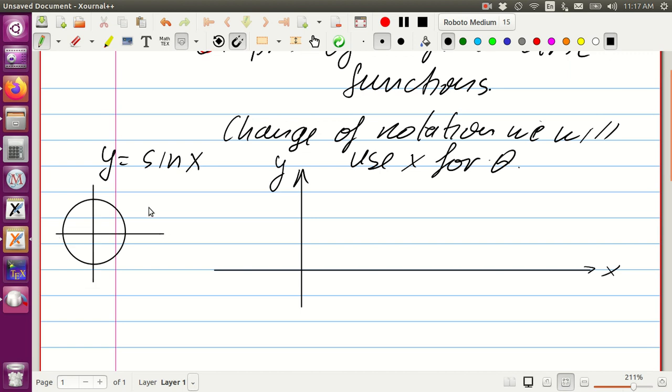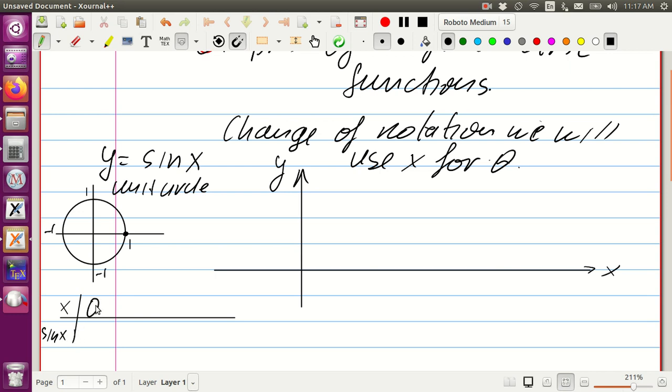And in the unit circle, we have angles, and so the angle now will be x. It's a little bit confusing, but what kind of points do we have on the unit circle? We start at 1, this is 1 here, -1, -1, and we can go around and build a little table for x and sine of x.